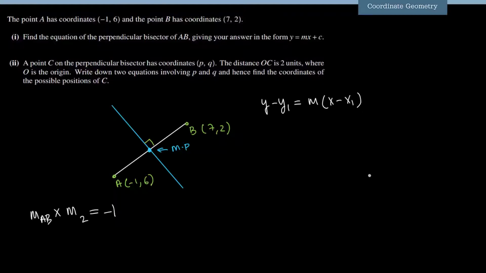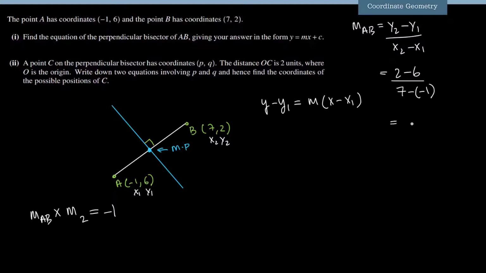I can find the gradient of line AB using this formula of y2 minus y1 divided by x2 minus x1. If this is x1 y1 and this is x2 y2, the gradient would be equal to 2 minus 6 divided by 7 minus -1.